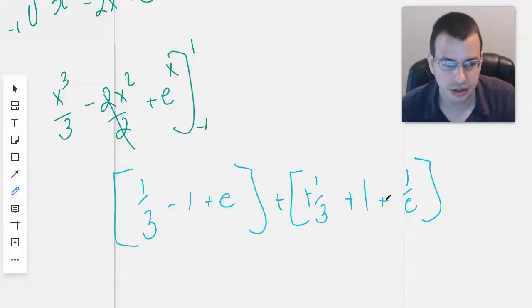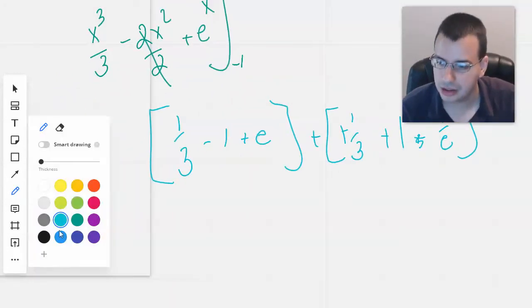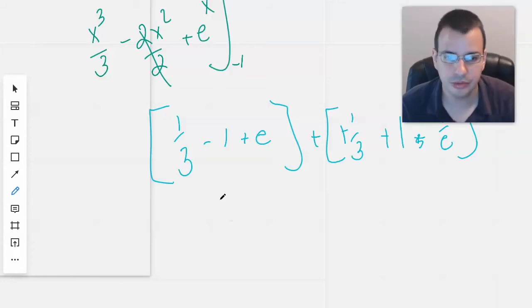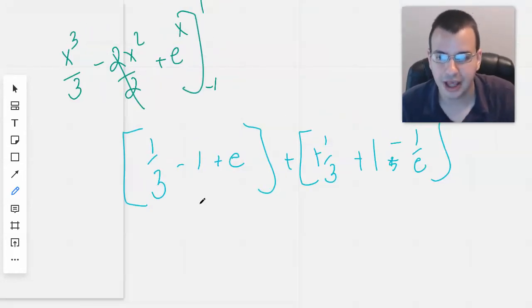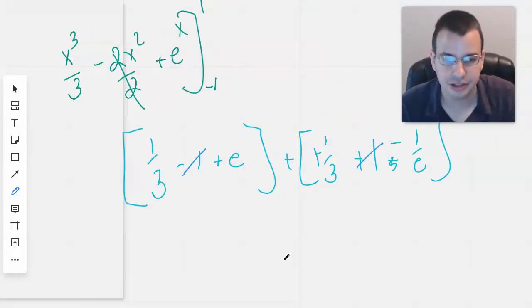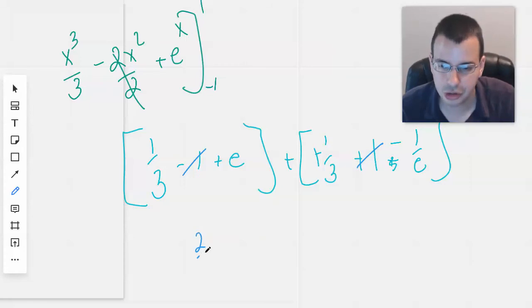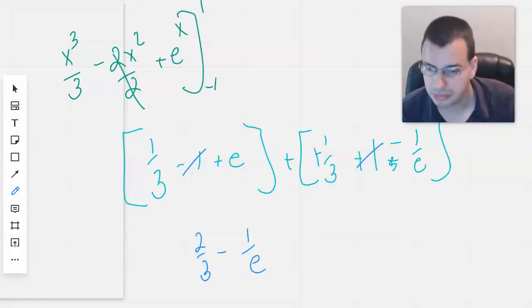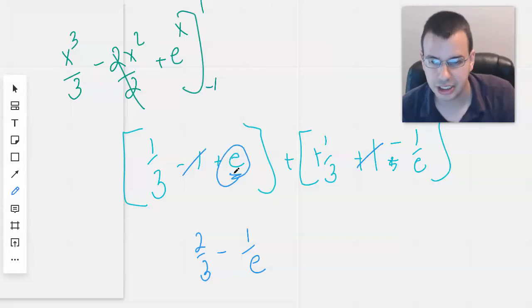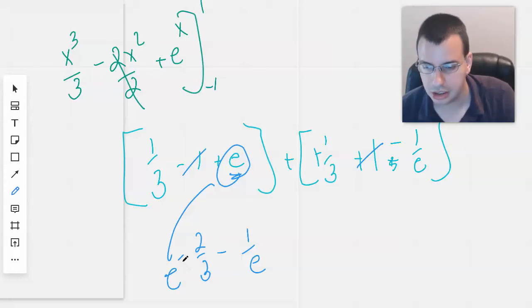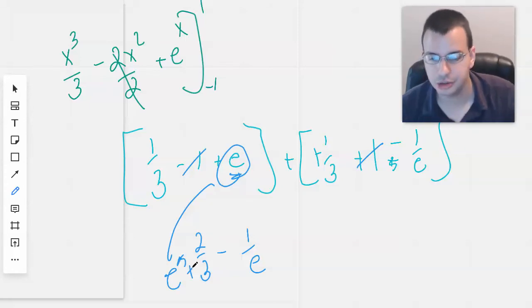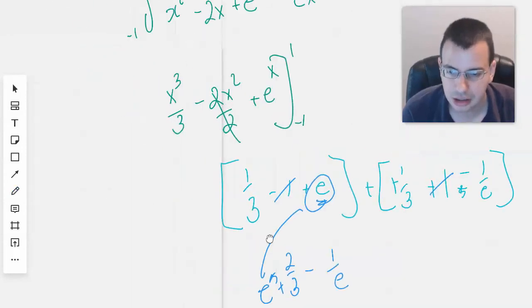Distribute the negative sign. So we look here, we're going to have a negative 1 and a positive 1. So we're going to have 2/3 minus 1 over e plus e right here. So e plus 2/3 minus 1 over e. See what we got here.